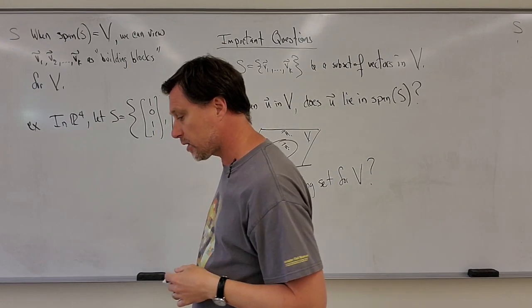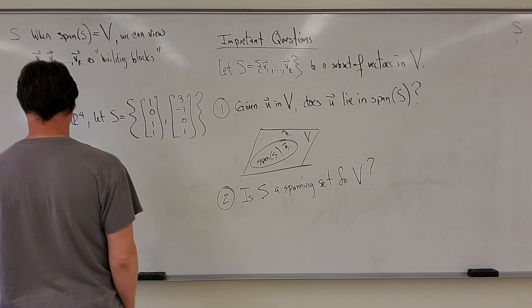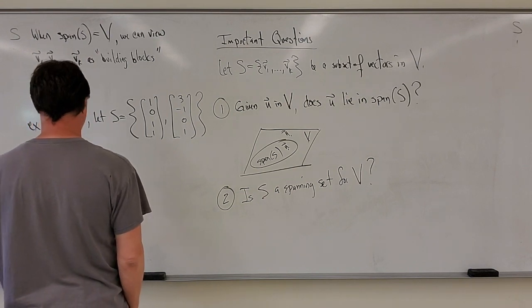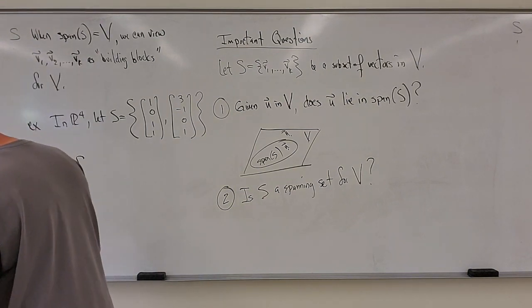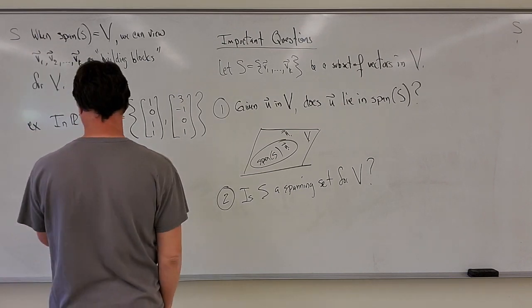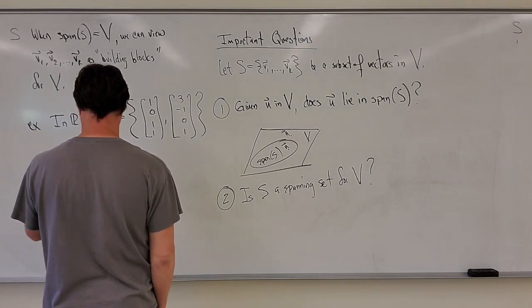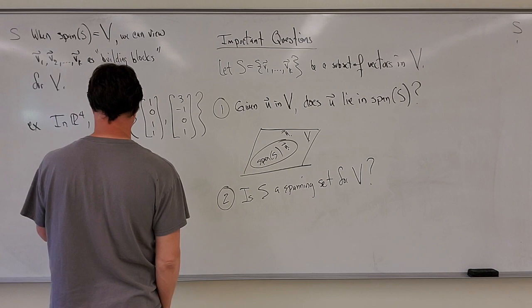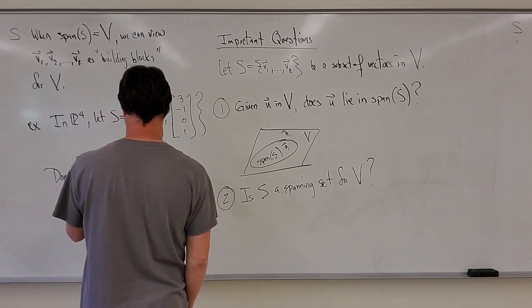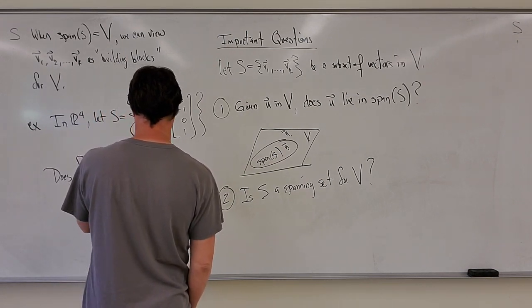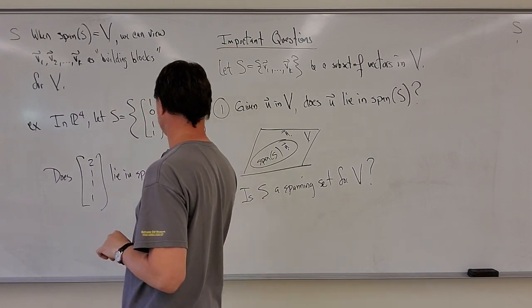And then the question is, does the vector (2, 1, 1, 1) lie in the span of S?